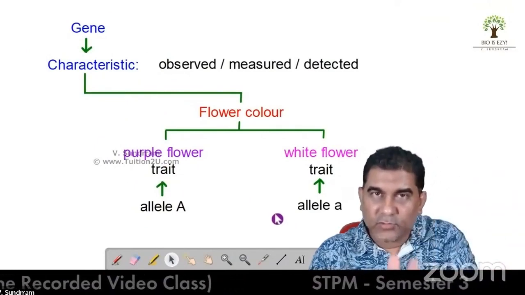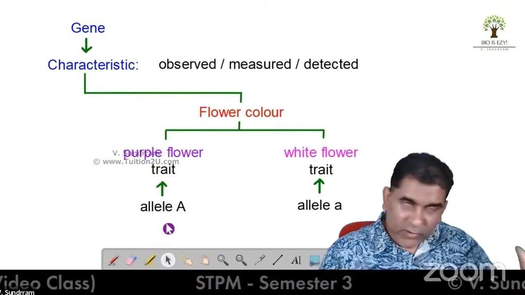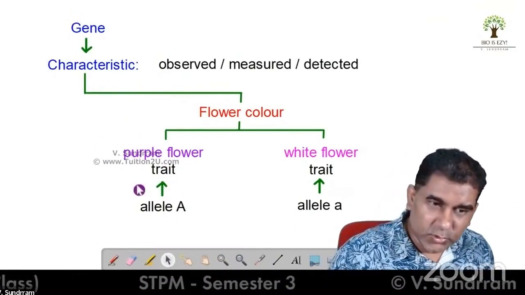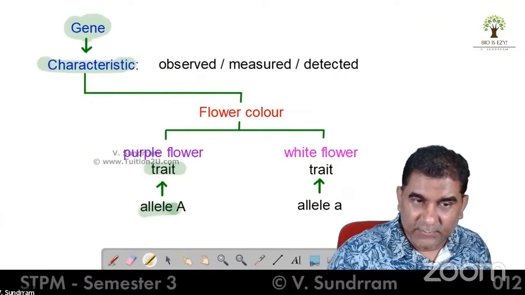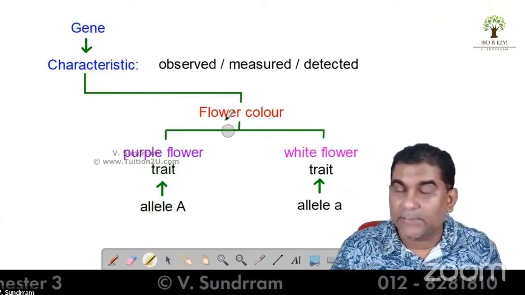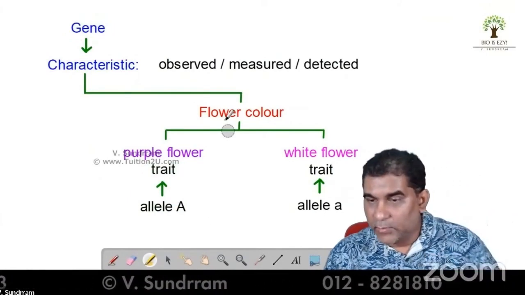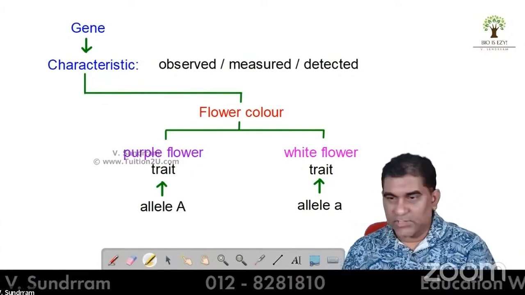We are going to go to the next step. This is the basic. I want to make sure before we start our journey, you know what is gene, characteristic, trait, allele. Once you know that, then the rest of the explanation becomes a bit more easy. Any question before I continue?